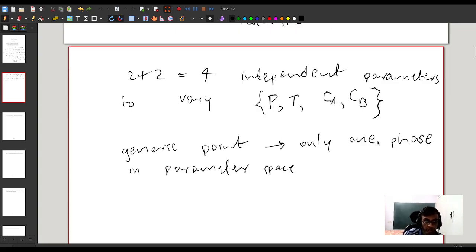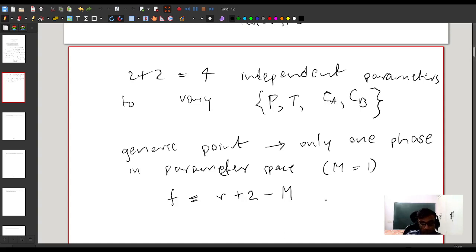So those are not generic. For a generic point in the parameter space, we have only one phase. So if you want to directly apply the Gibbs phase rule formula, that corresponds to the number of phases being equal to 1. Let us just quickly revise this formula. This gives the number of independent parameters you can vary when you have the number of components to be r, and if you have m phases in coexistence, this is the number of independent degrees of freedom.